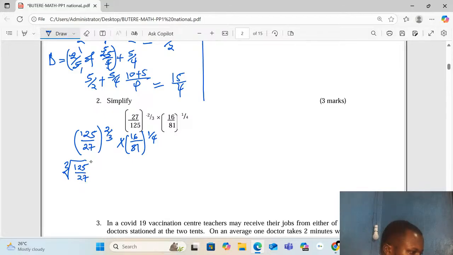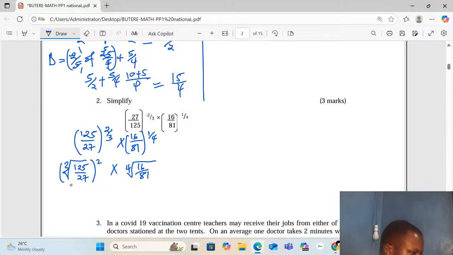After getting the cube root, we're going to square our answer. Then on the other side, we're going to look for the fourth root of 16 over 81.